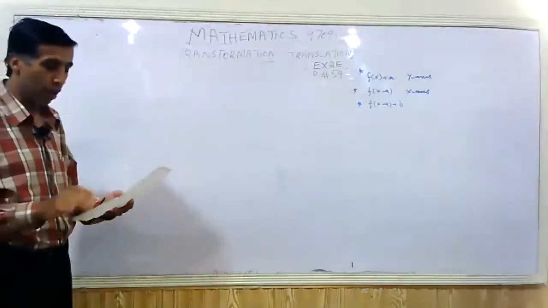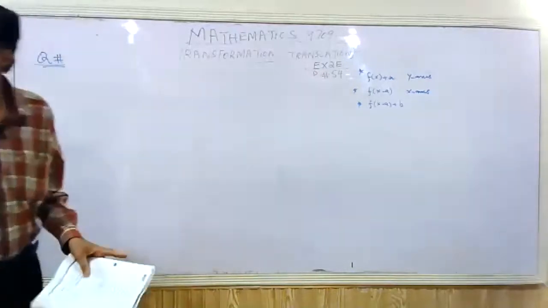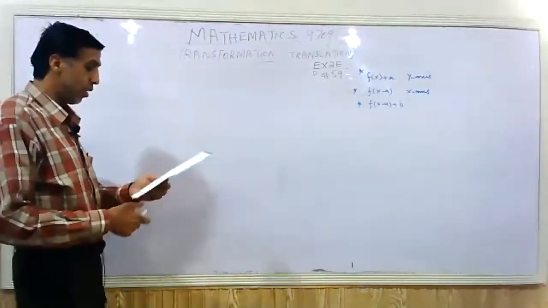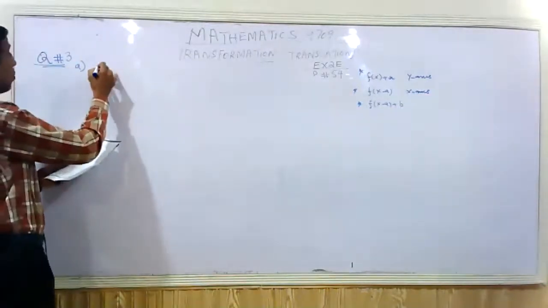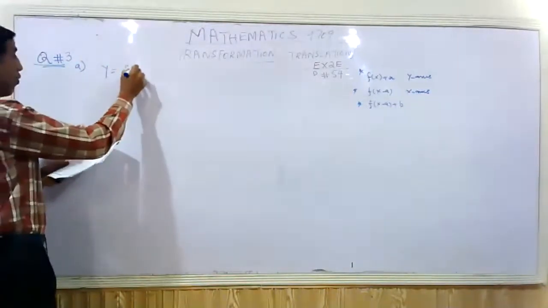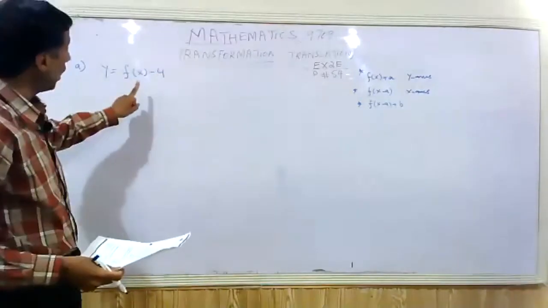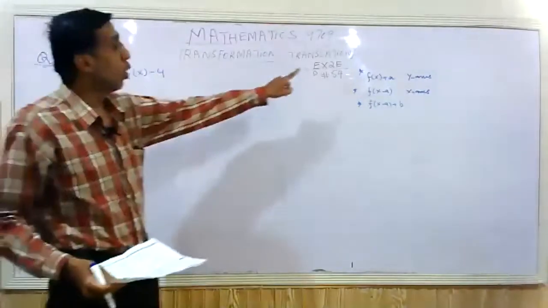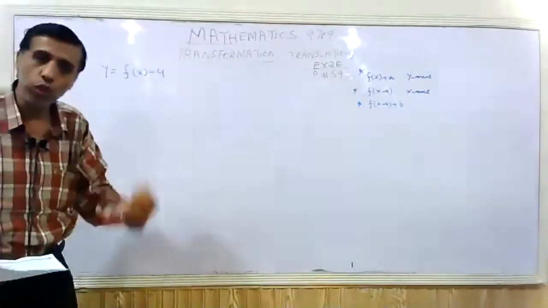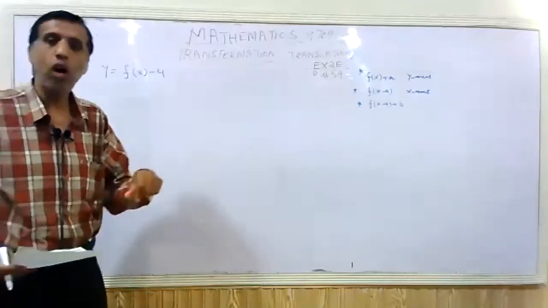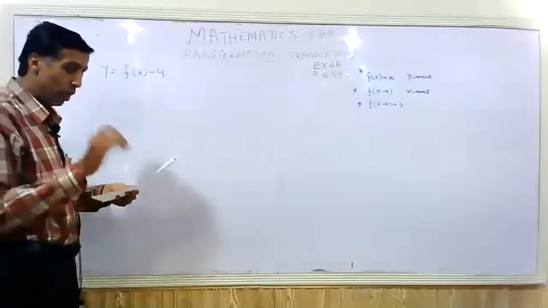Here I have a graph. In question number 3, A part, the first part, y is equal to f of x minus 4. If we compare this equation to your laws, it stands for the first law, and we will move our coordinates according to this law. I will write only the coordinates.